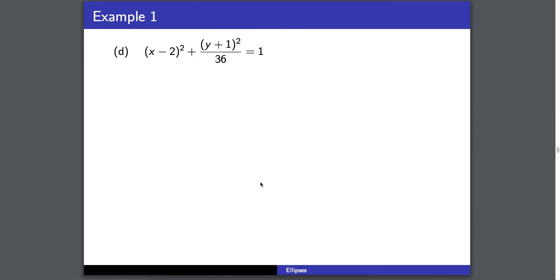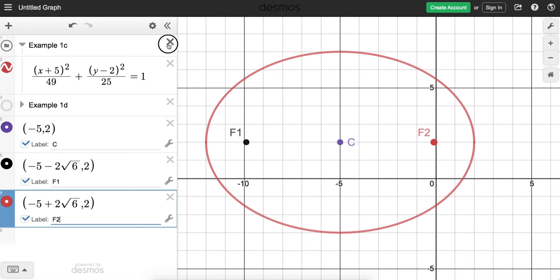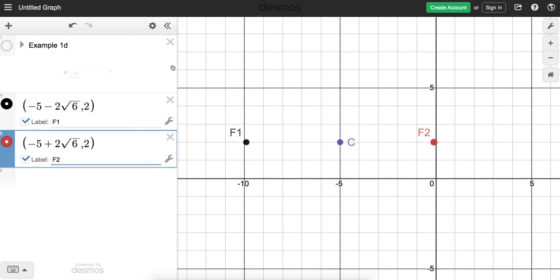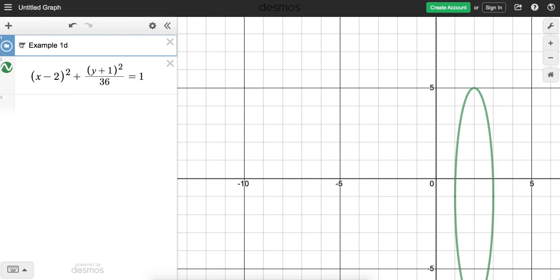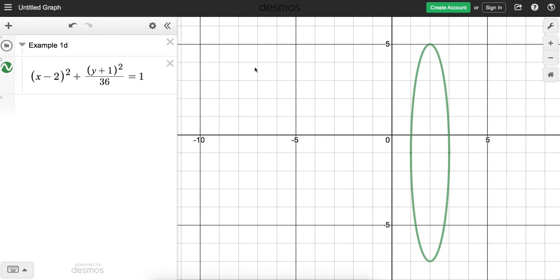All right, part D, we have (x − 2)² over 1 plus (y + 1)² over 36 equals 1. So let's take a look at this one. I'm just going to go ahead and delete all this. Alrighty, and here is example 1D. So this one is tall.